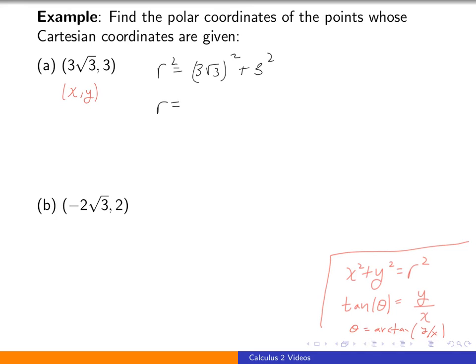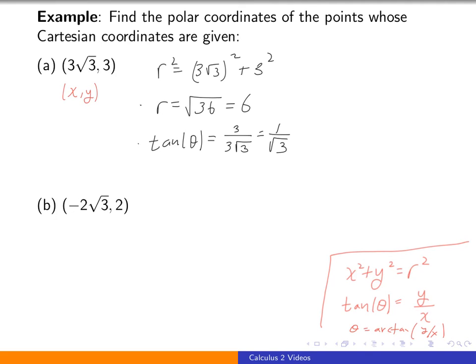So r squared is equal to 36, so r is the square root of 36, which is equal to 6. Furthermore, we know that tangent of theta is equal to y over x. So 3 over 3 square root 3, which is 1 over the square root of 3.